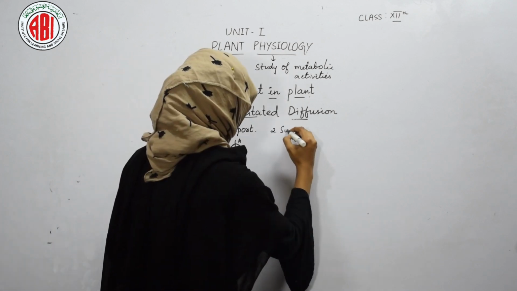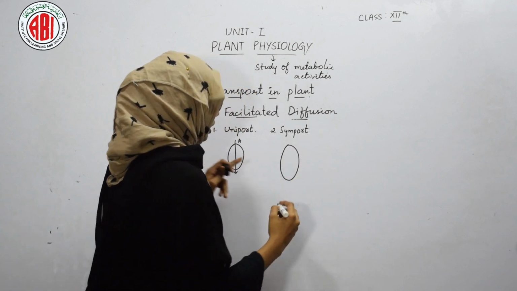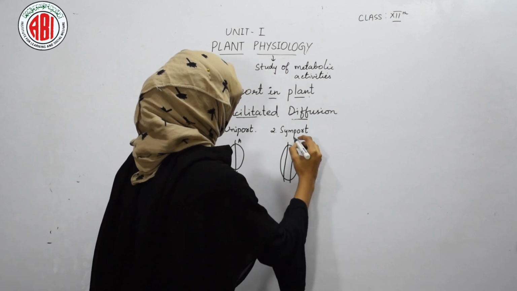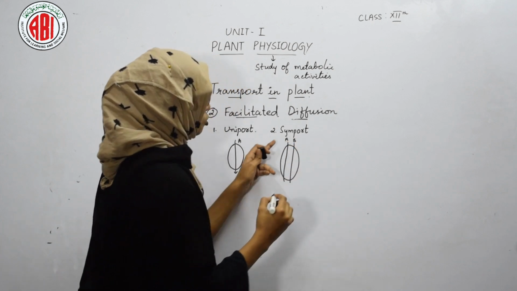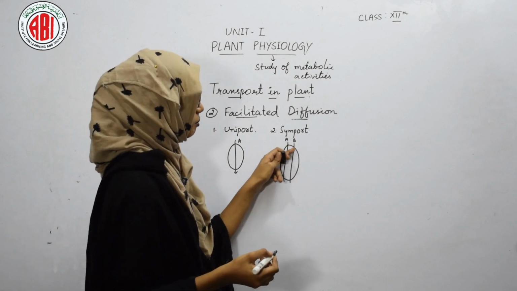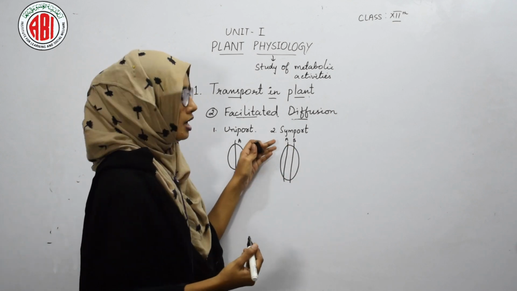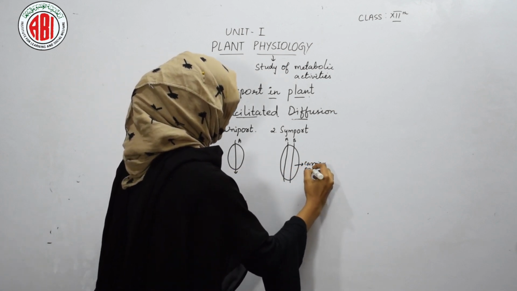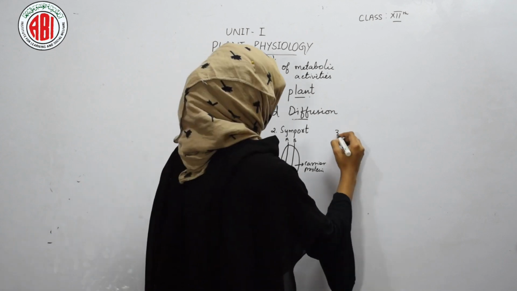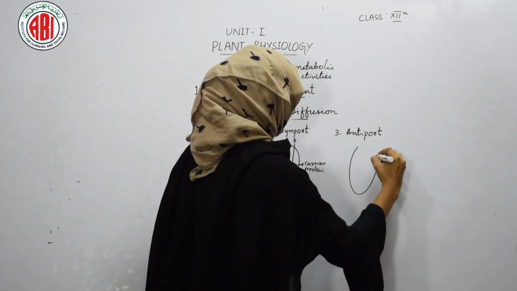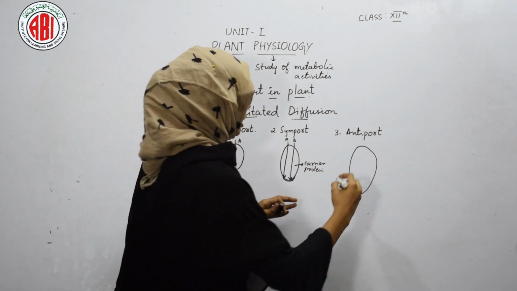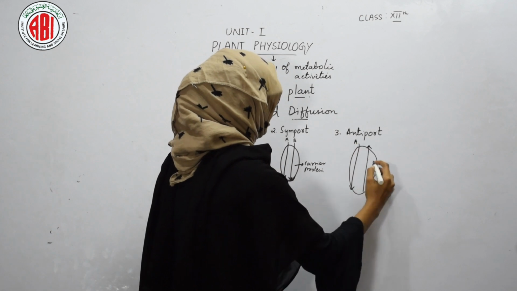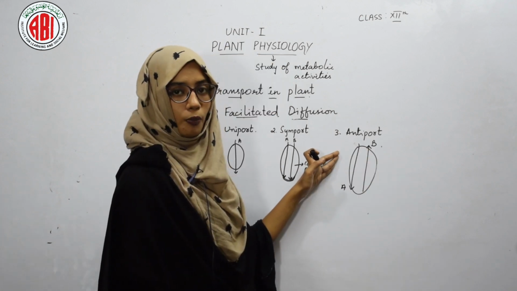The second one is symport, and in this type, the carrier protein helps to transport two molecules at a time. Let's take two molecules A and B. These two molecules are transported by this carrier protein inside the cell in the same direction. And the third one is antiport. Here the carrier protein is transporting two different molecules in opposite directions.